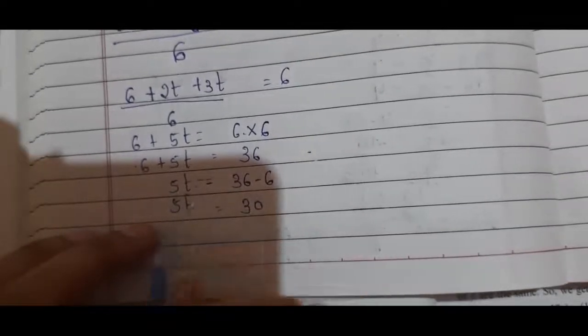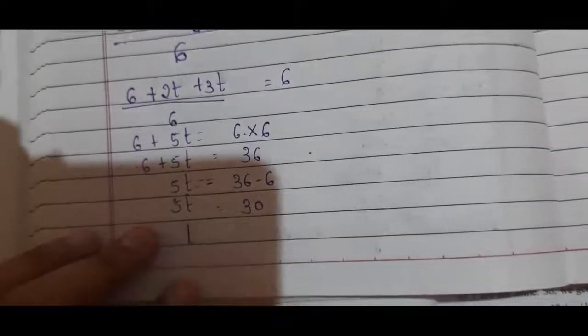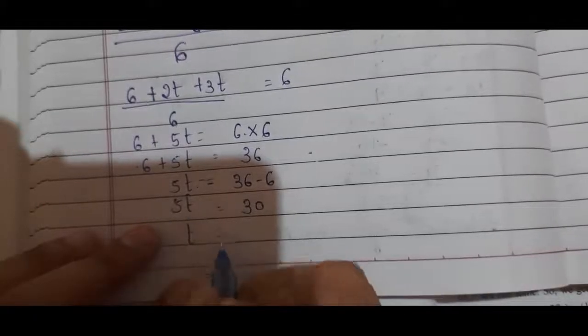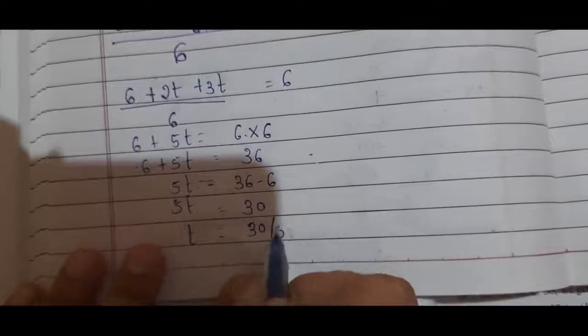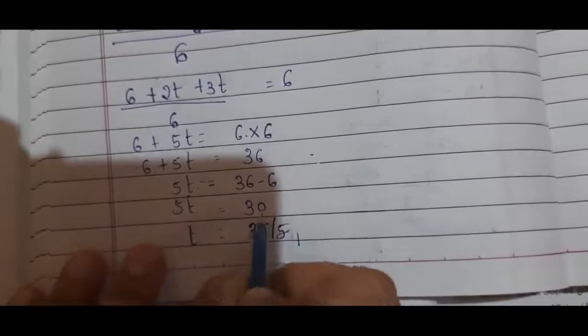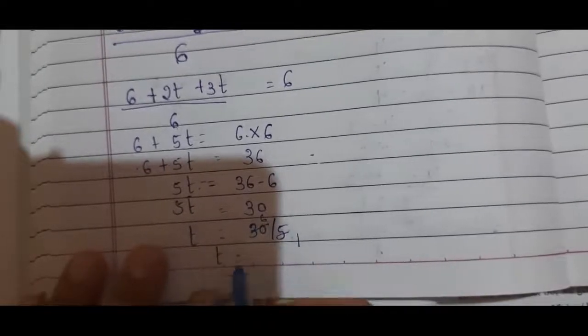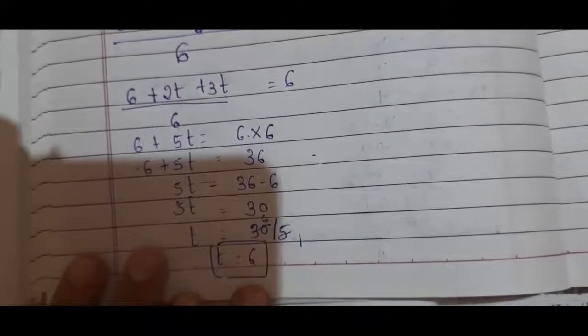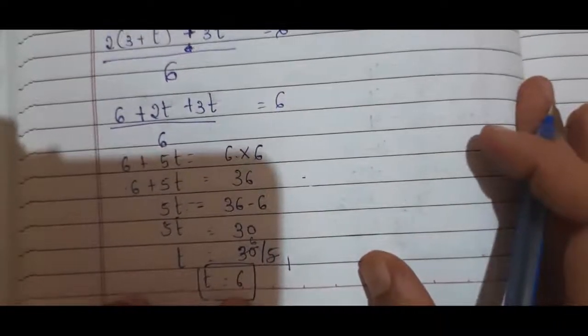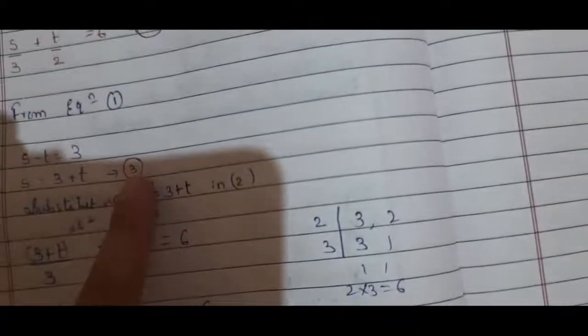Now I want only t, so keeping t in the LHS part, sending 5 to the RHS part. It gets what here? Divide. 30 divided by 5, 5 sixes are 30. t equals what here? 6. t equals 6. Now substituting t equals 6 in equation third.